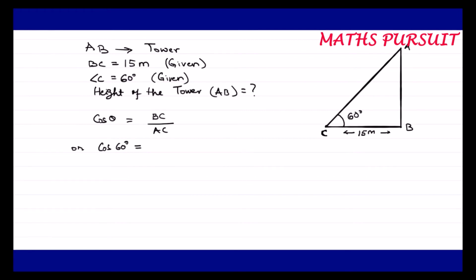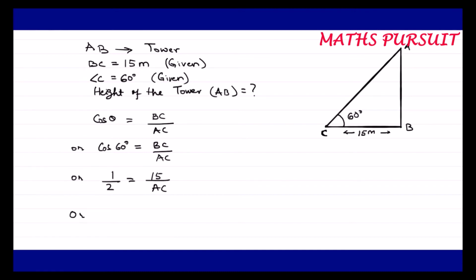Cos 60 degree is equal to what, guys? Cos 60 degree is equal to BC by AC. We know that cos 60 degree is 1 by 2. So 1 by 2 is equal to BC, which we know is 15 meter, so 15 upon AC.